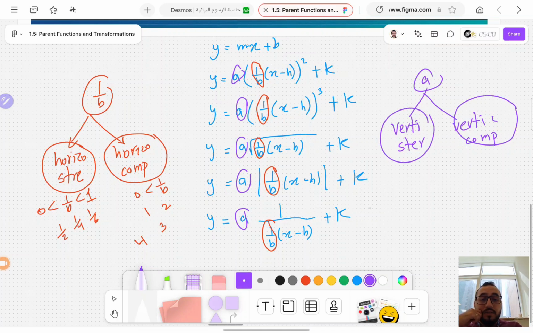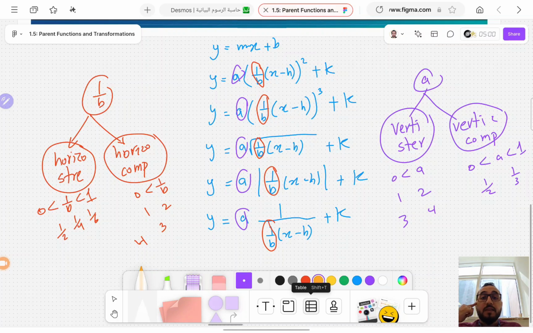The stretch will be the whole number, and the compression will be the fraction, where 0 is less than a, less than 1, like 1 over 3. So now do you see the difference between 1 over b and a?